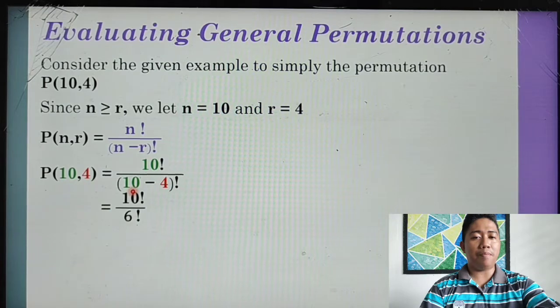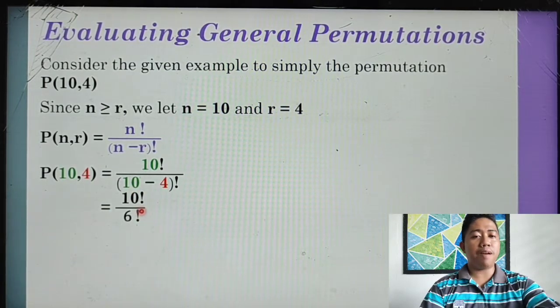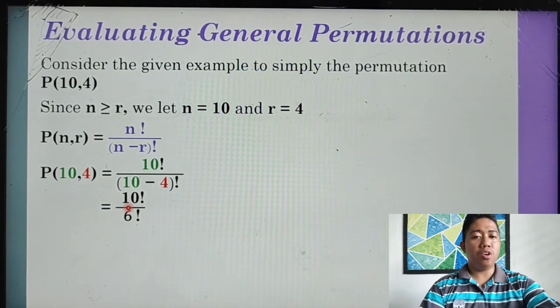We follow the PEMDAS rule. So we have 10 minus 4, which gives 6, and then we will expand these two factorials simultaneously.